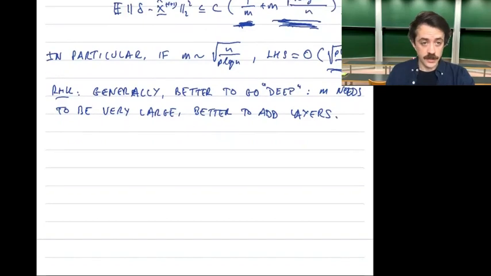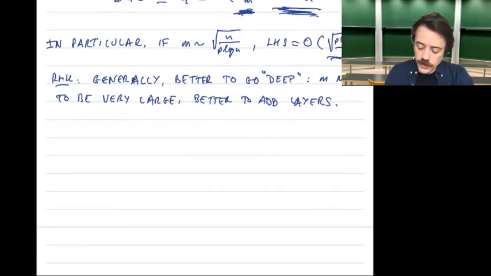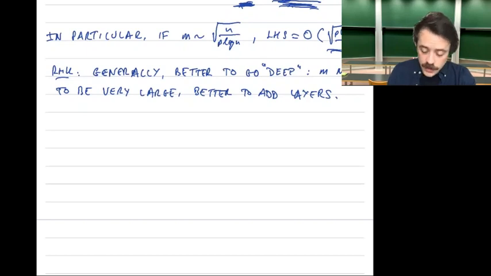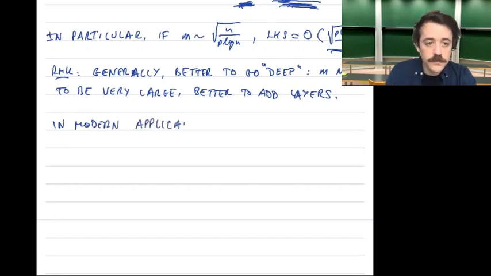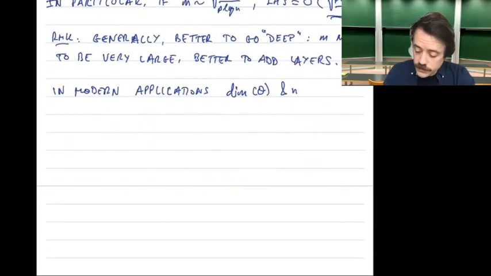Okay, that's that. Okay, so now that we are talking about deep, we're talking about sort of more modern things. So in modern applications, the dimension of the parameters and also n are quite large.